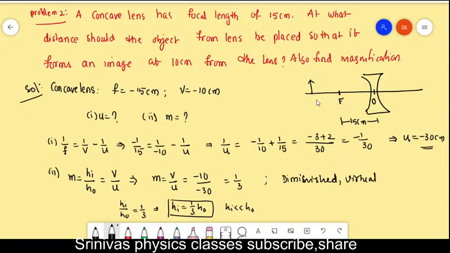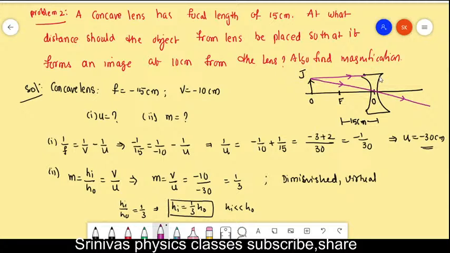Okay, this is the object, and you take one light ray that passes through the optical center. It goes straight without any bending. And one more light ray you take that is incident parallel to the principal axis. When a light ray is incident parallelly, what happens? It will diverge.